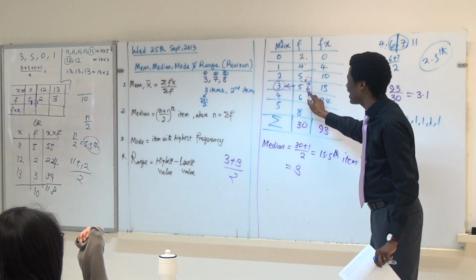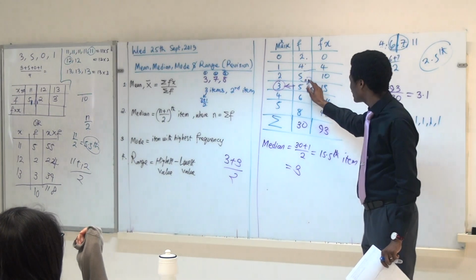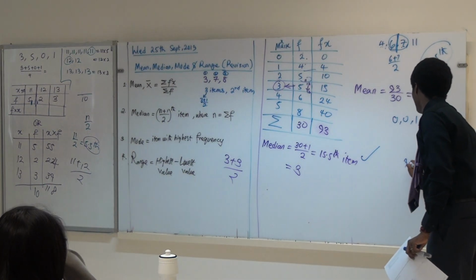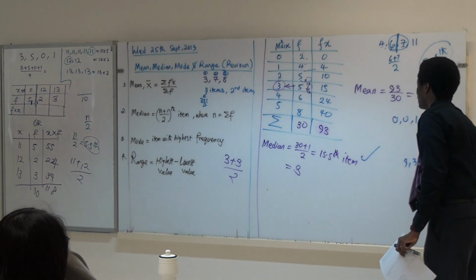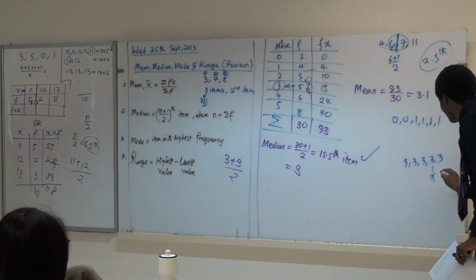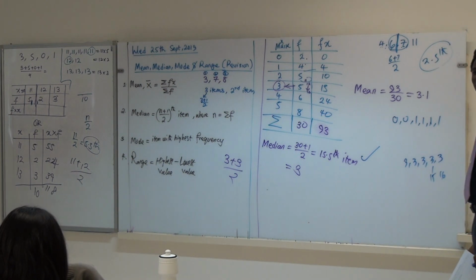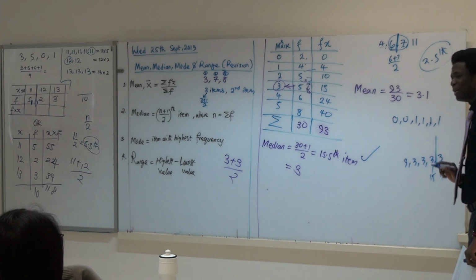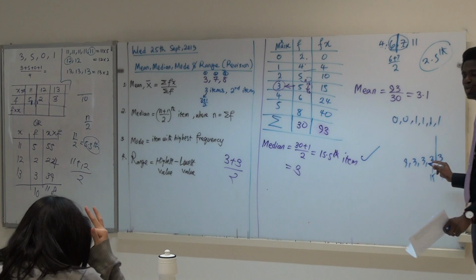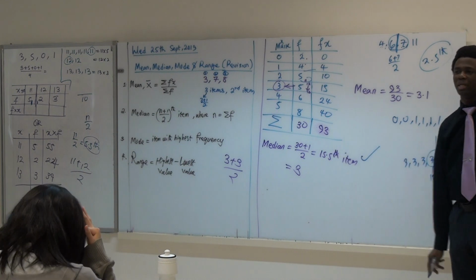When I get here, I have 16. It means 15 and 16 are here. So I'm going to get to a point where I have 3, 3, 3, 3, how many? 5, right? And this is number 15, this is number 16. But my median is in between them. So instead of saying 3 plus 3 divided by 2, because they are the same, you just pick your 3.